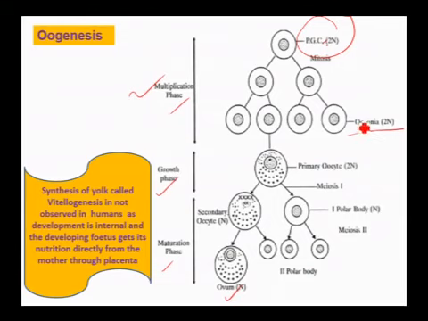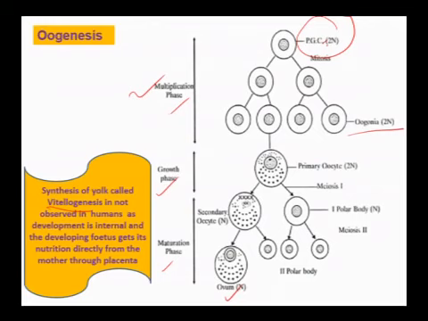Egg mother cells or oogonia undergo the growth phase. In the growth phase they grow in size due to accumulation of yolk. The process of production and storage of yolk is called vitellogenesis. It is to be remembered that synthesis of yolk is not significant in humans, as development is internal and the developing fetus gets its nutrition directly from the mother through the placenta.